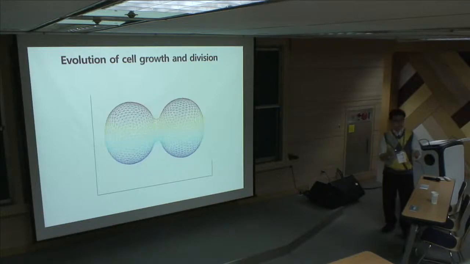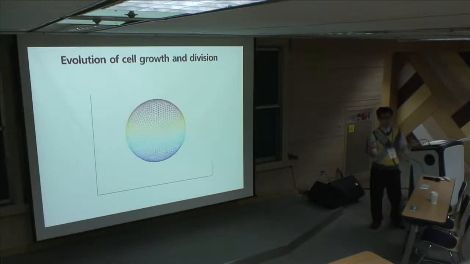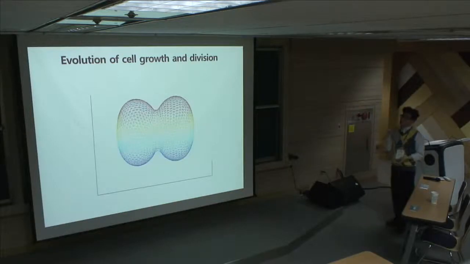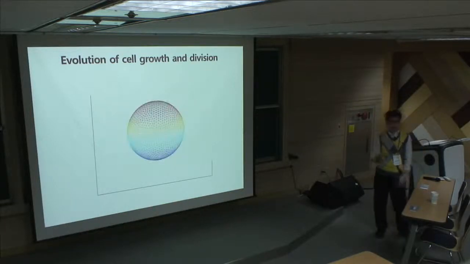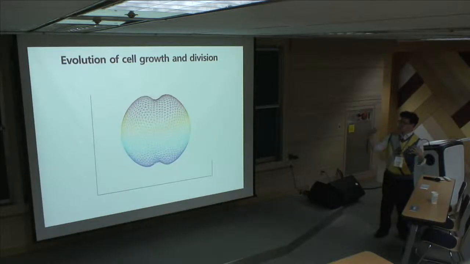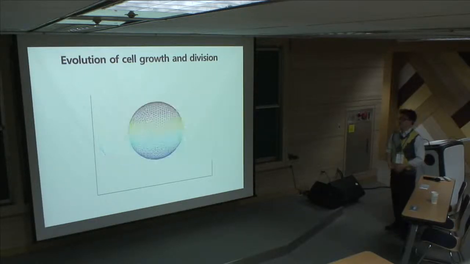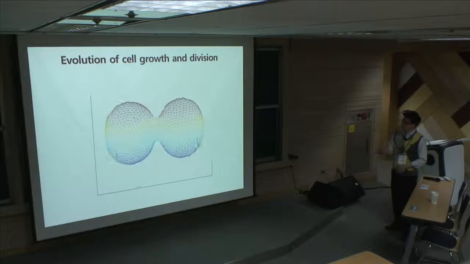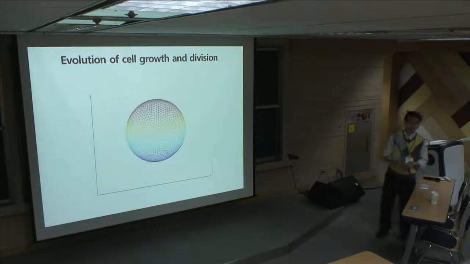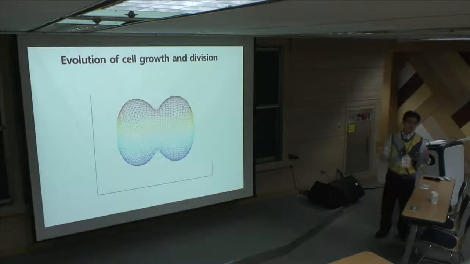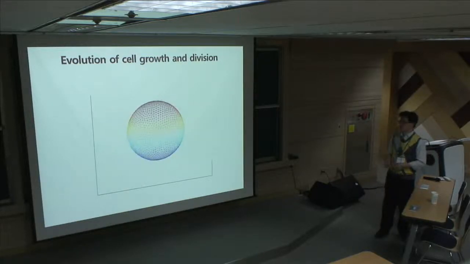First, we increase the cell mass twice. Once the cell mass is twice, we decide the contractile ring position, and then we apply the contraction ring. Here, without the mesh regeneration, the mesh quality is not good. There is too much distortion.